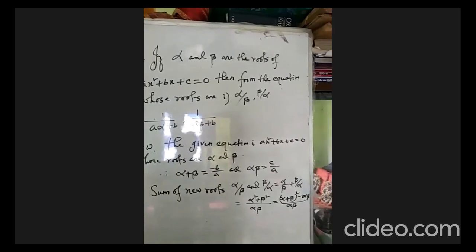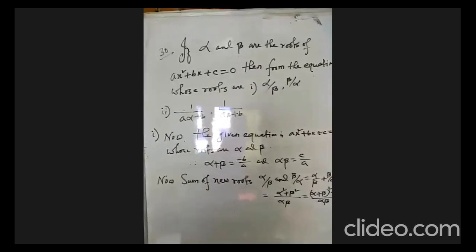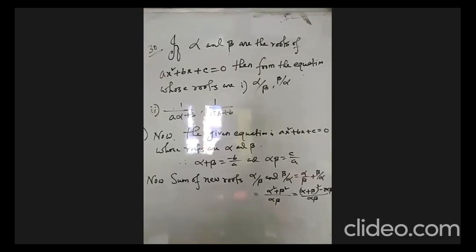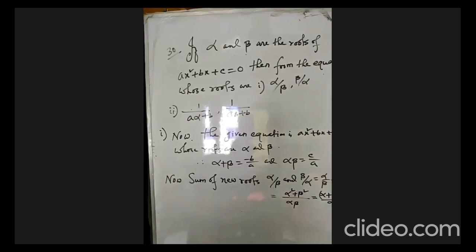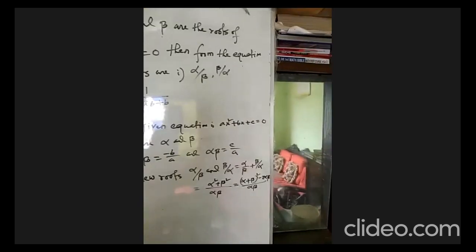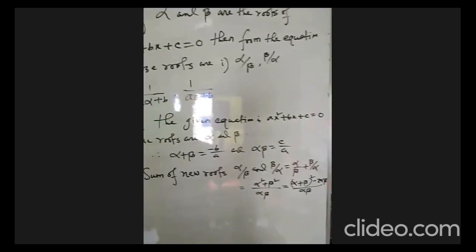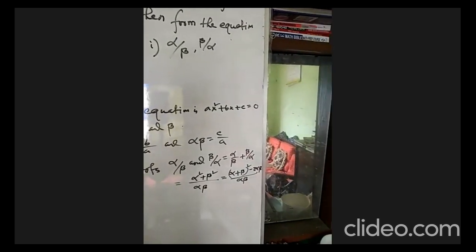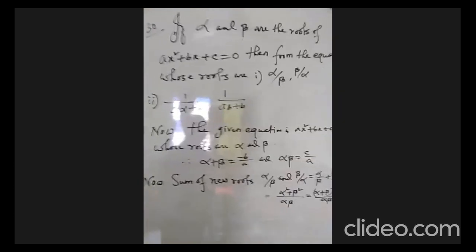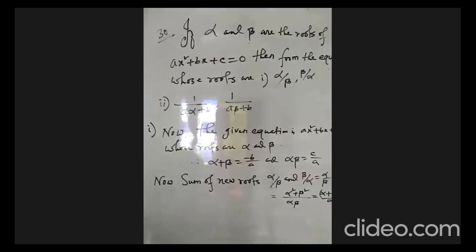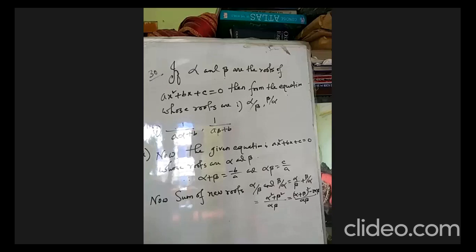So after this line, we can write alpha plus beta equals to minus b by a.